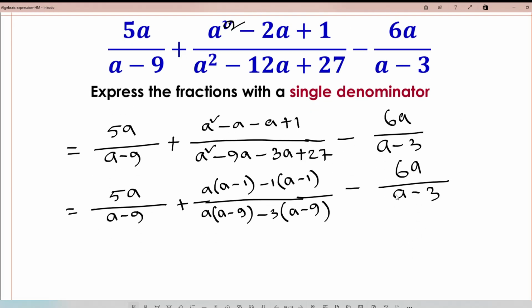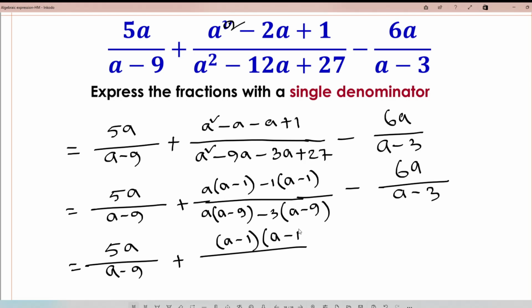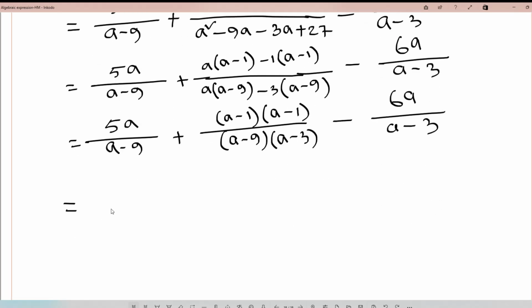Okay, now look, what can we do? Here is 5a divided by a minus 9 plus, here is a minus 1 into a minus 1, and here is a minus 9 into a minus 3, minus 6a divided by a minus 3. We want to combine this one, so we will find out the LCM.